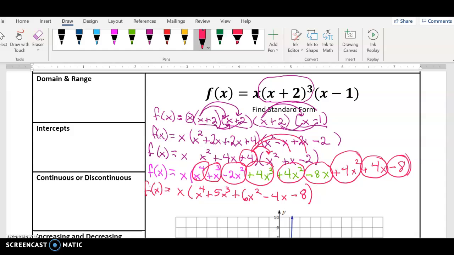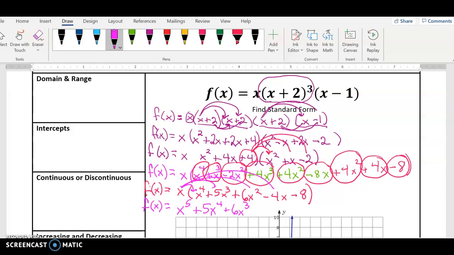The last step, we want to leave this for the last. We're going to multiply everything by the x. X times x to the 4th is x to the 5th. X times 5x cubed is 5x to the 4th. X times 6x squared is 6x cubed.